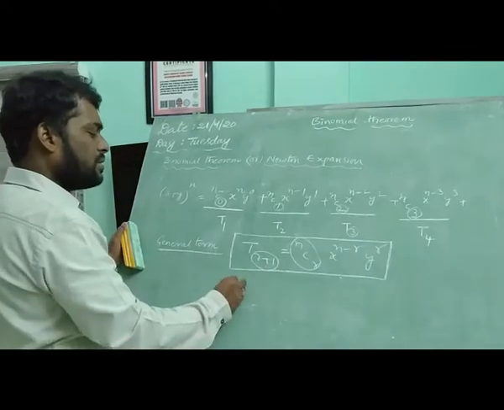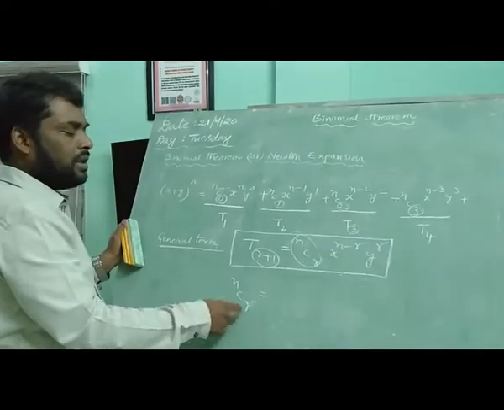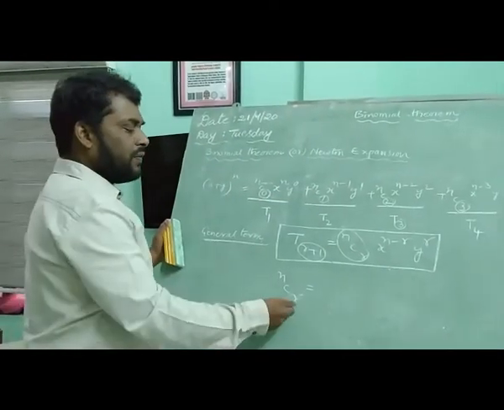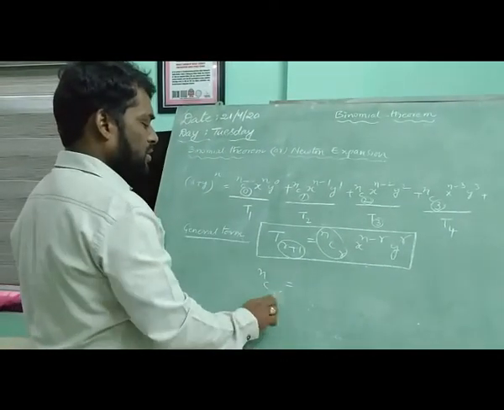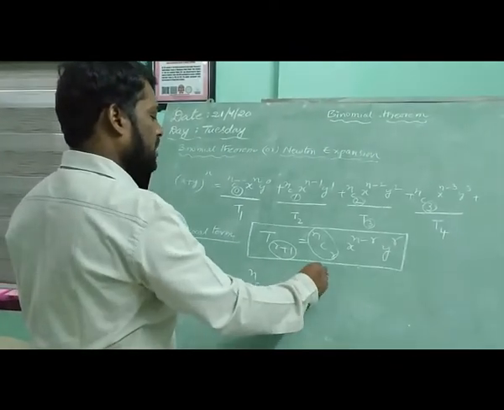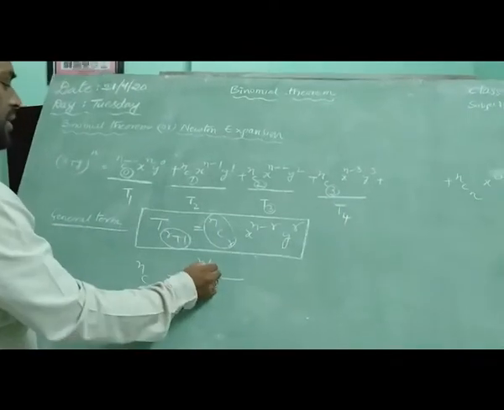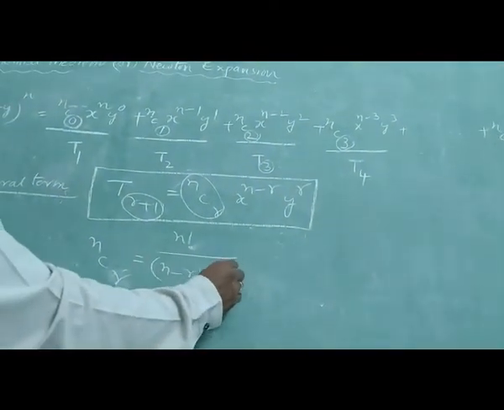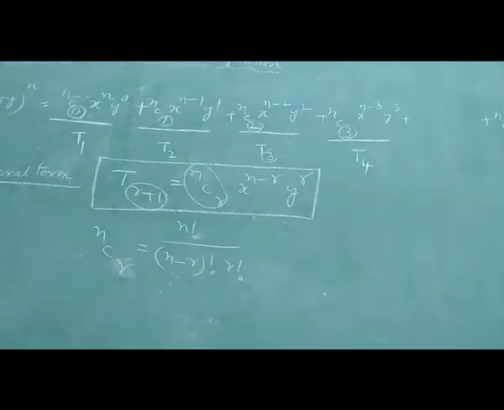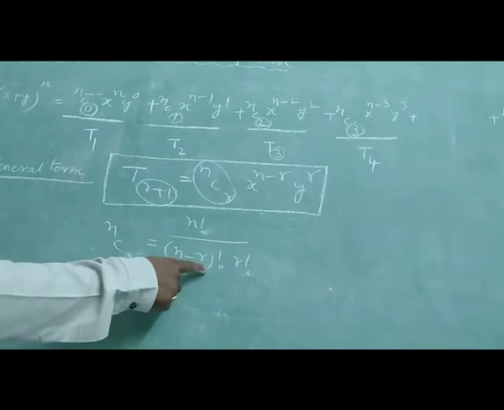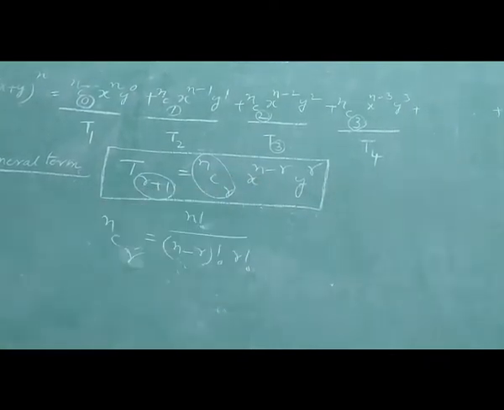This nCr gives the values of the coefficients. How do you find the value of nCr? We use a small formula: nCr equals n factorial divided by (n minus r) factorial times r factorial.